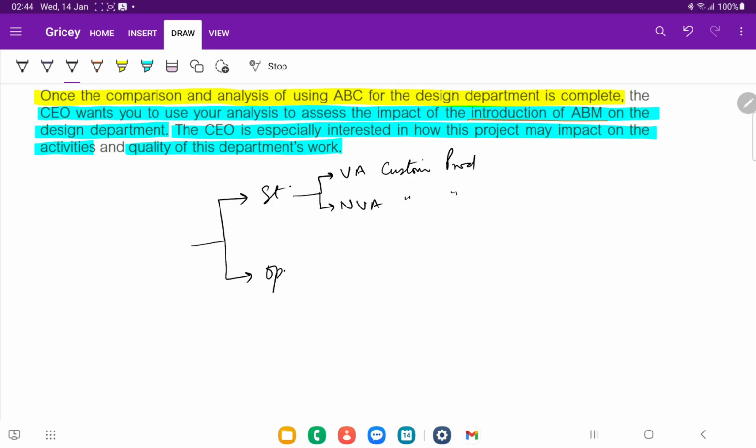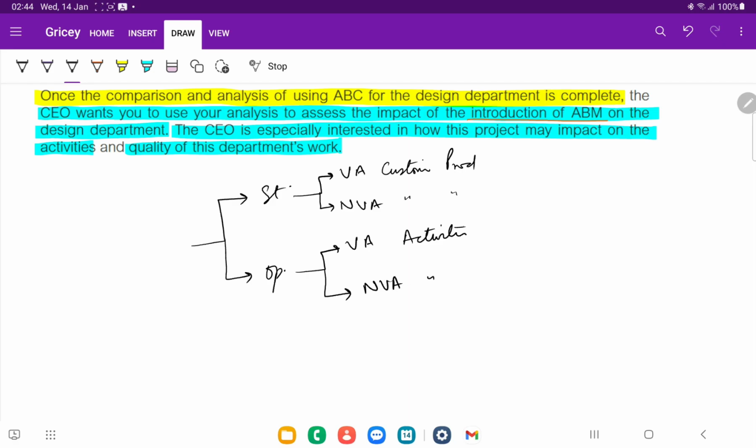And whenever we apply the same activity based costing at operational level, what we are supposed to do is identify value added activities and non value added activities, right?